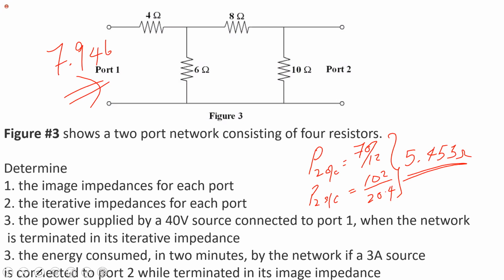But we said that the circuit is supplied with a 3 amp source. Section, the fourth section. I see that the 3 is repeated, but that should be section 4. Oh, okay. So we want the energy consumed in 2 minutes by the network if a 3 amp source is connected to port 2 while terminated in its image impedance.